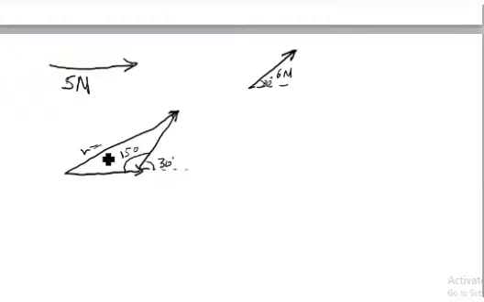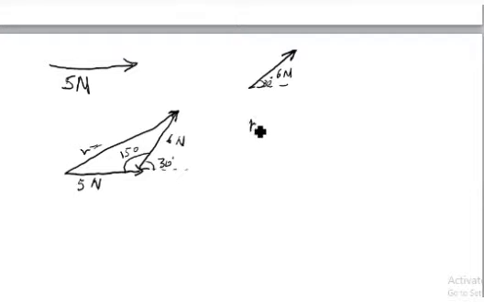R will give you the sum of these two vectors, which are 5 Newton and 6 Newton. You can use the cosine rule to solve this problem. And what does the cosine rule state?